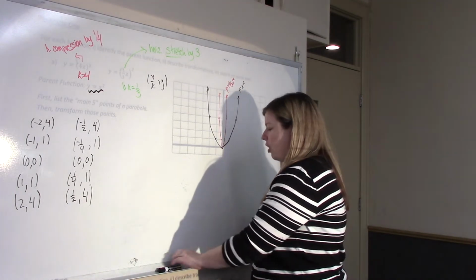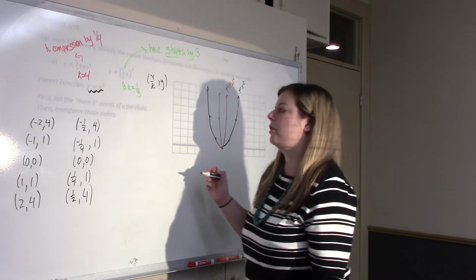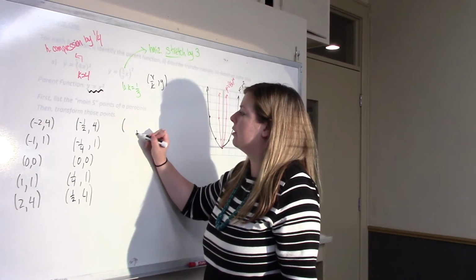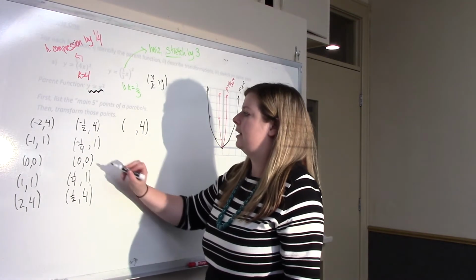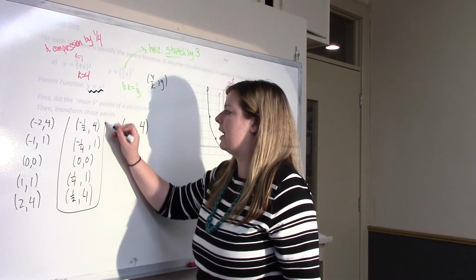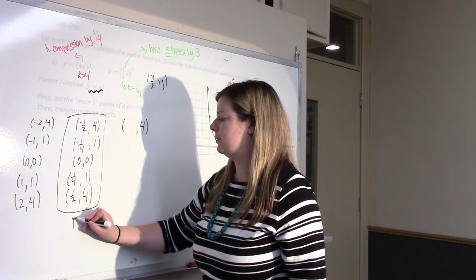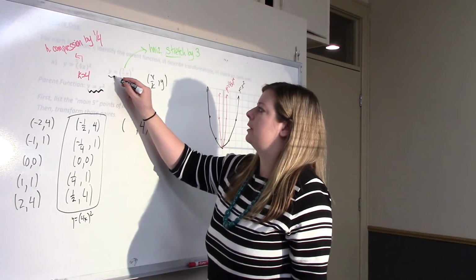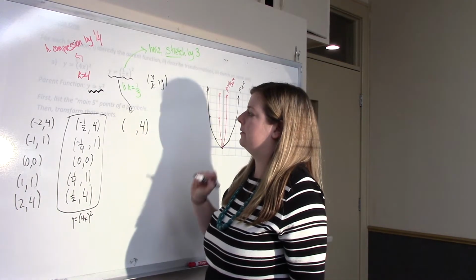So all the x values are going to be multiplied by 3. So that was the one we just did. This was y equals (4x) all squared. So now we're going to do this one here.